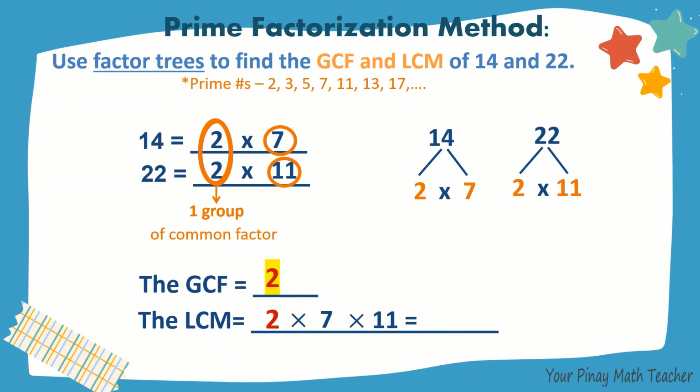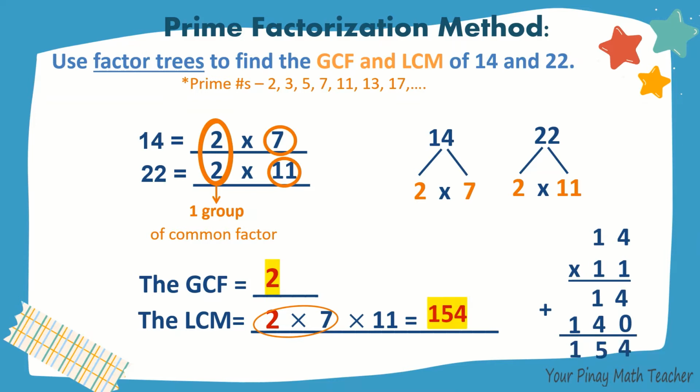So to get the product of 2 times 7 times 11, we multiply 2 and 7 first. We get 14 and we multiply it by 11. We get a product of 154. So the GCF is 2 and the LCM is 154.